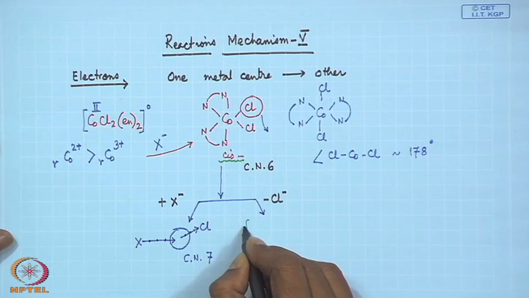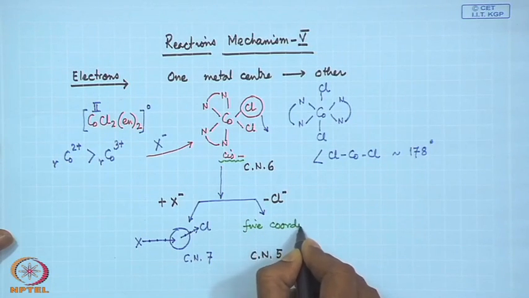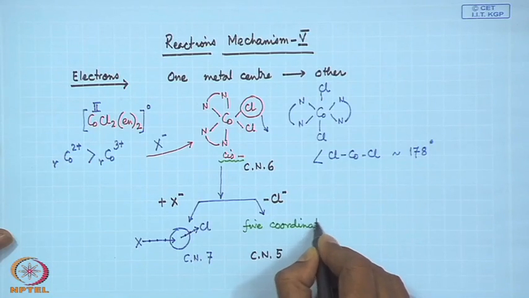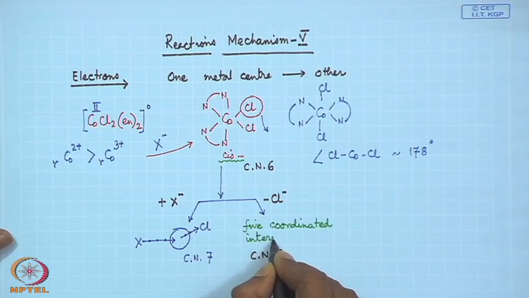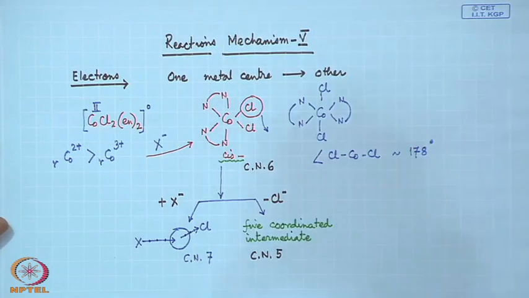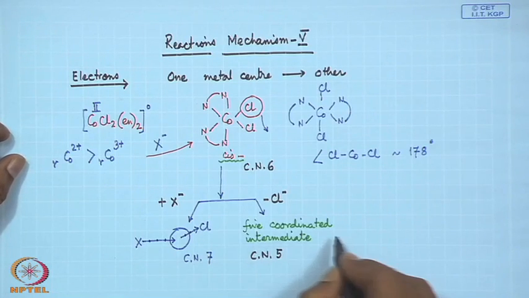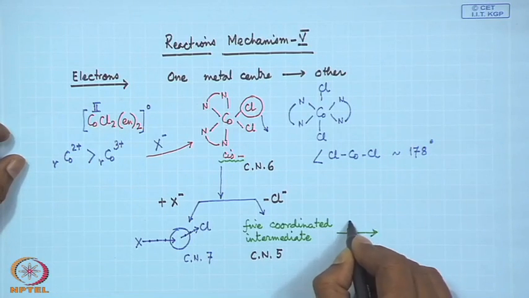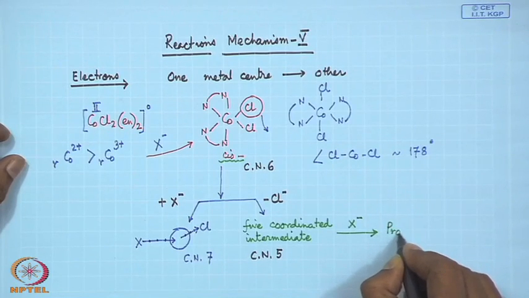It is a 5 coordinated intermediate, which in the next step can react with this X minus to give the corresponding product.